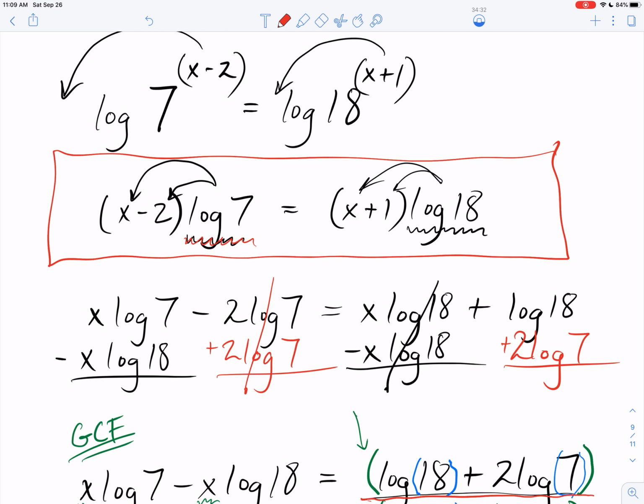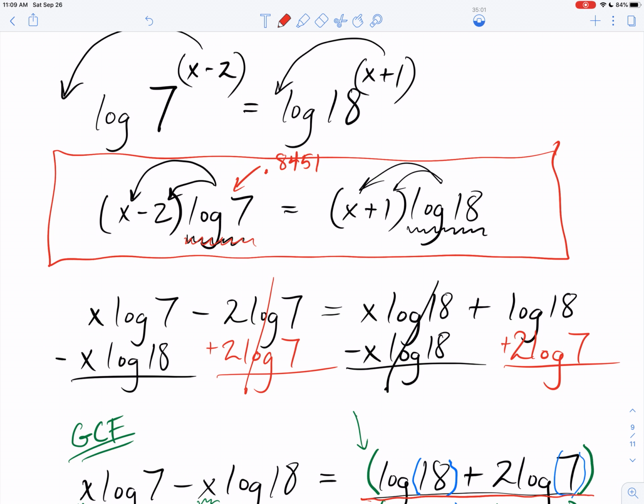Log of 7 is just a number. Oh my God, my voice is going out. Log of 7 is just a number. If I punch log of 7 in on my calculator, I get 0.84509. Okay, so I'm going to round it off: 0.8451. That would be what I'd get if I rounded it off to the 4th decimal place.